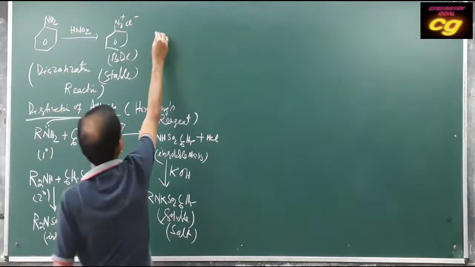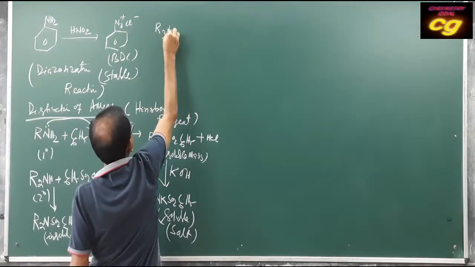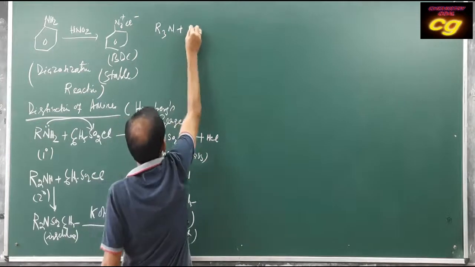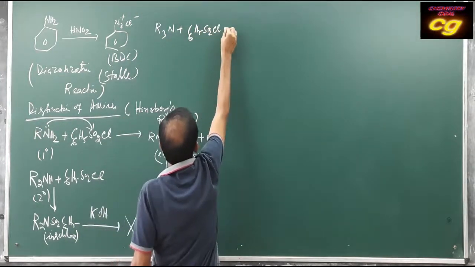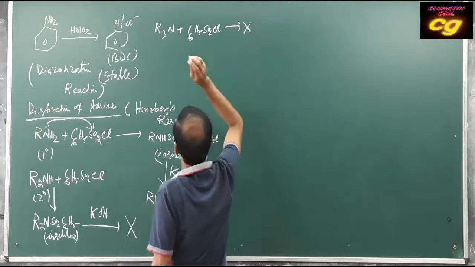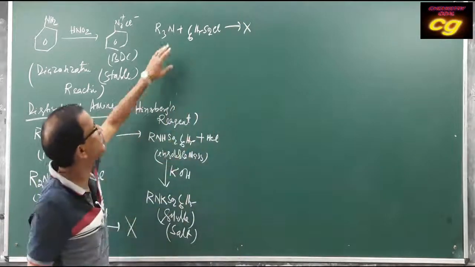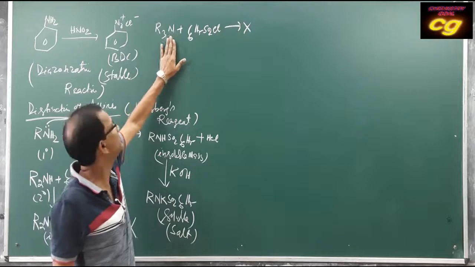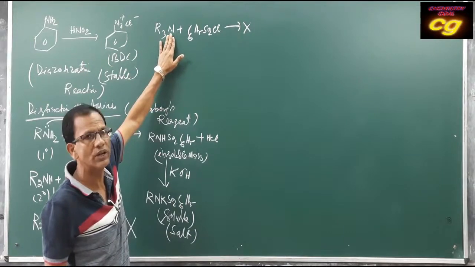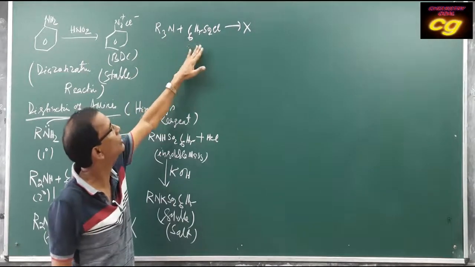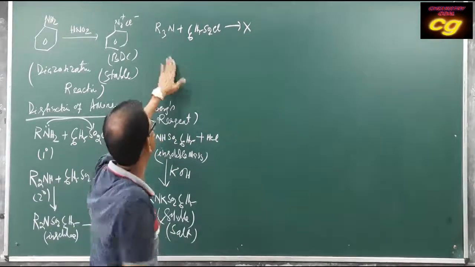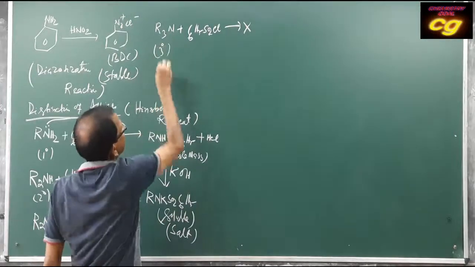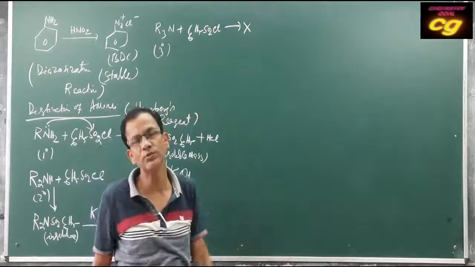And for a tertiary amine, if you use R3N with C6H5SO2Cl, there will be no reaction because it has no hydrogen attached to nitrogen. That's why there will be no substitution reaction, and tertiary amines do not react with Hinsberg reagent.